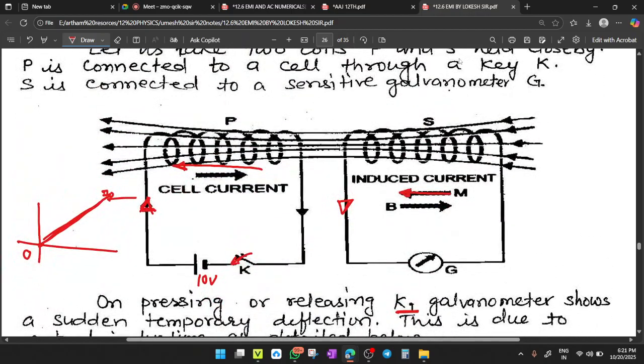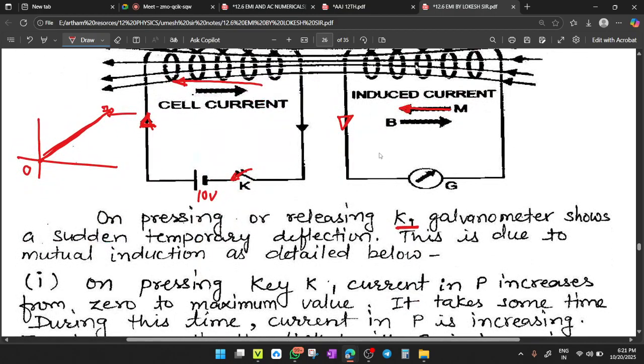So the changing magnetic flux is linked with this coil. Till the current is changing, for the changing current with respect to time, there will be a change in flux associated with the second coil, and there will be a mutually induced EMF. Obviously, if the circuit is closed, there will be an induced current also.